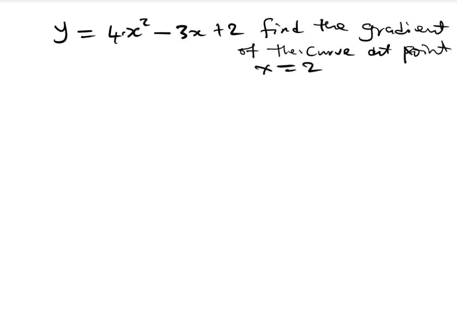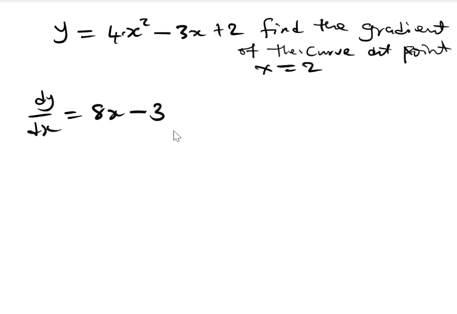To solve this, we have to differentiate. And dy/dx, differentiation of this will give me 8x minus, differentiation of 3x will be 3. Differentiation of 2, which is a constant, is 0.